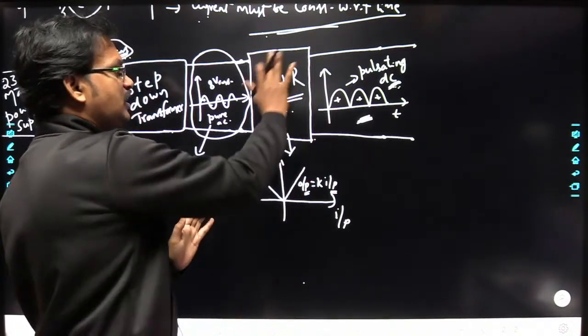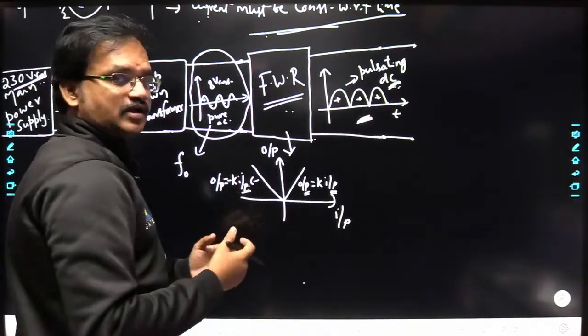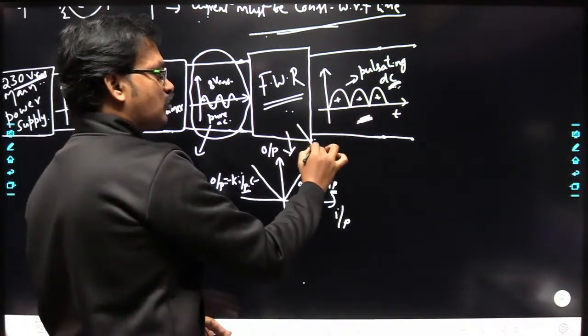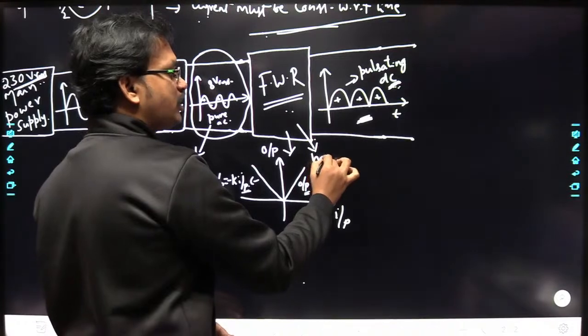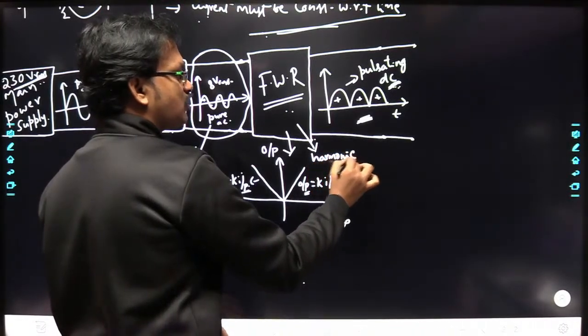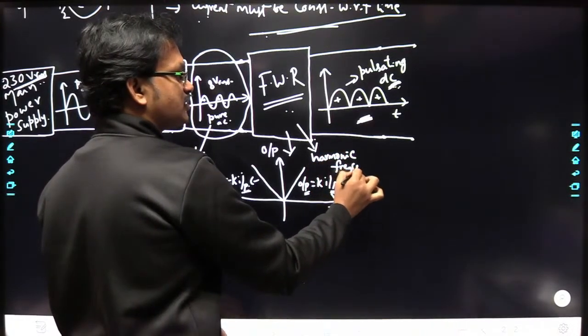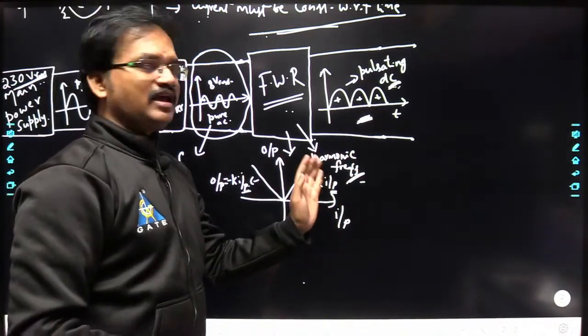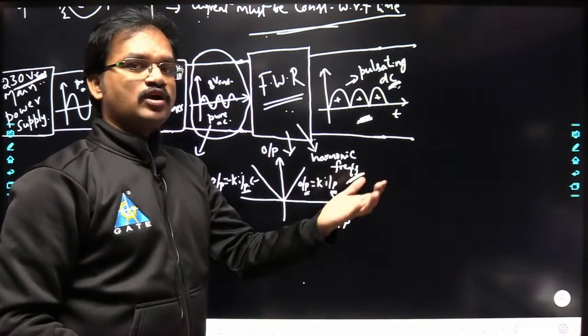Because of the non-linearity involved in this rectifier circuit, why are we getting this distortion? Because non-linear circuits are going to generate harmonic frequencies. Harmonic frequencies are, in general, higher frequencies.